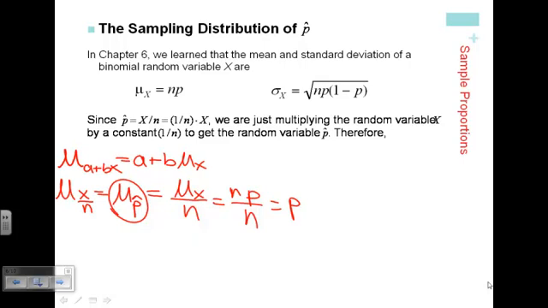But let's do the next thing. We know, by looking at those graphs, that the larger the sample, the smaller the spread. Let's do the same calculation again. I want to find out the standard deviation of p-hat.